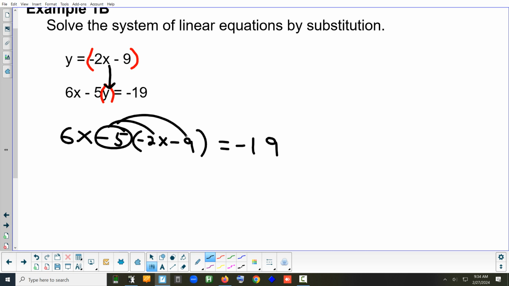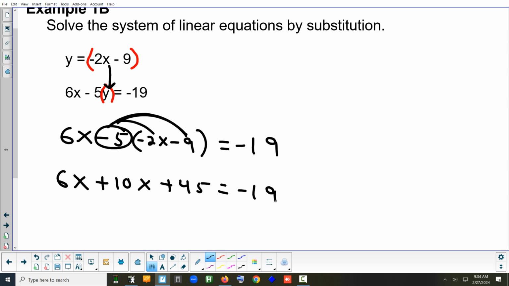That's what you're distributing. The negative and the 5. Okay. What's negative 5 times negative 2x? 10x. What's negative 5 times negative 9? 45.